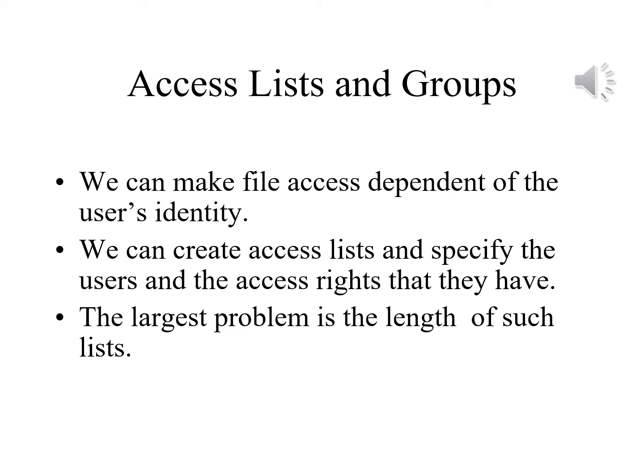The only problem is that this can be cumbersome. What most systems use is a classification of users into three categories: the owner, the owner's group, and the rest of the universe. This allows us to set apart people to whom the owner will extend certain rights without it getting too cumbersome.